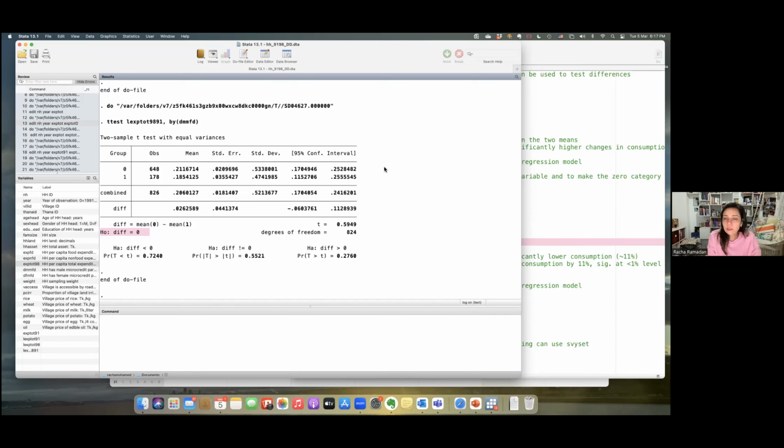However, there is no significant difference between both. In other words, I cannot say that the households who had access to the male microcredit had an improvement or a change in their total expenditure per capita more than the households who did not benefit from the microcredit.